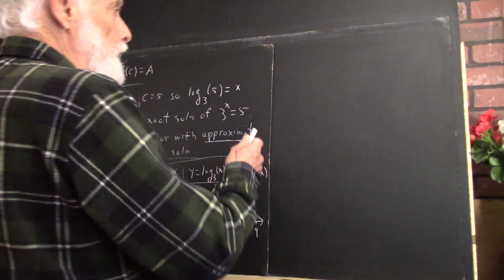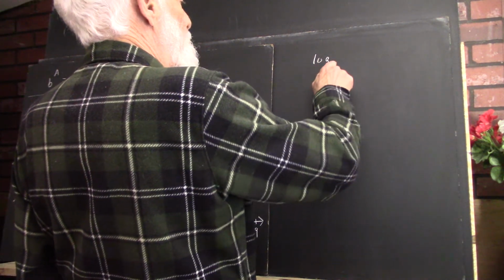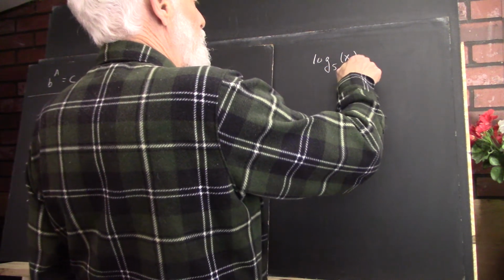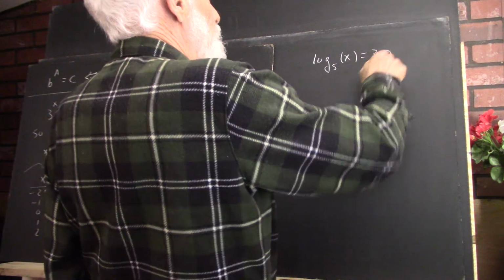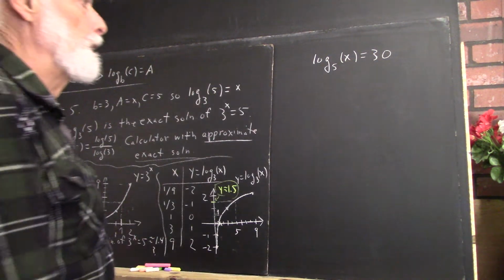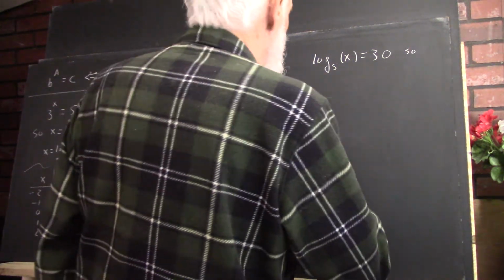Okay, let's say we have now log base 5 of x equals 30. So, well, let's see.